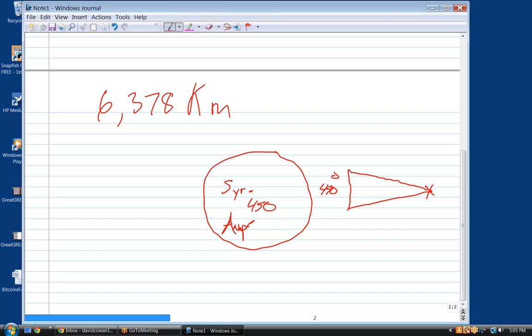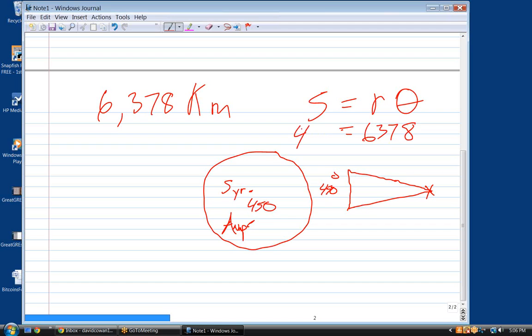Oh, I see how we're going to do this. If you weren't given that, then we should be able to figure this out based on S equals R theta. R is 6378.